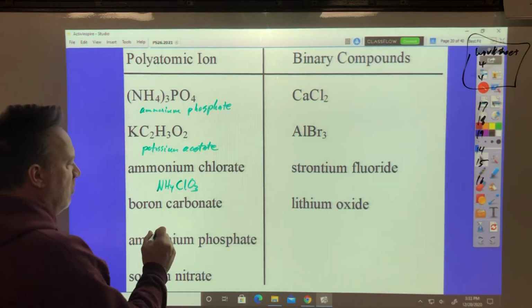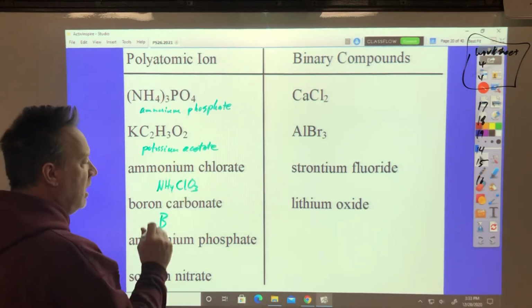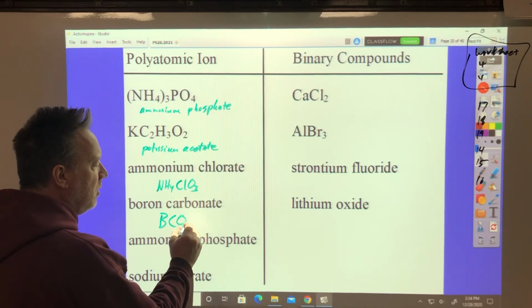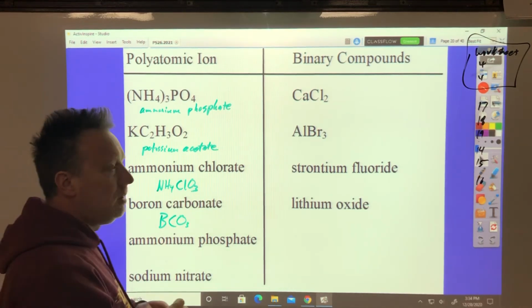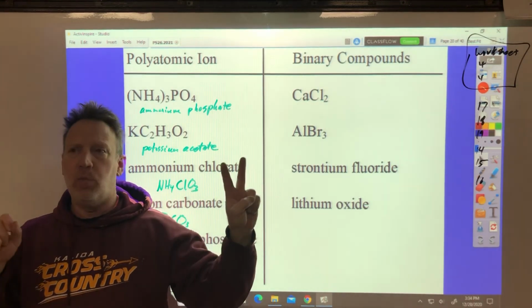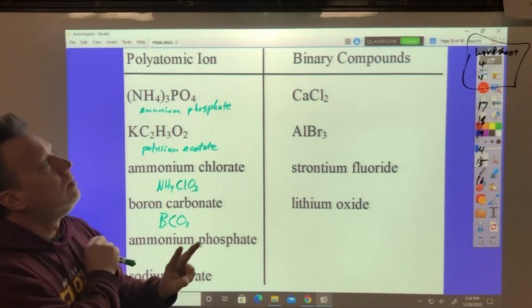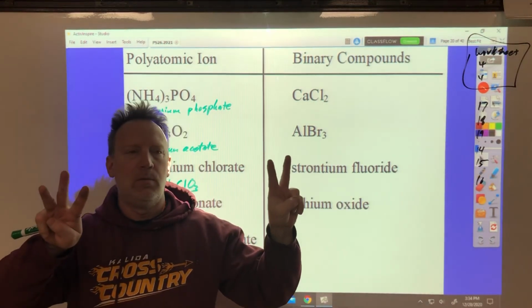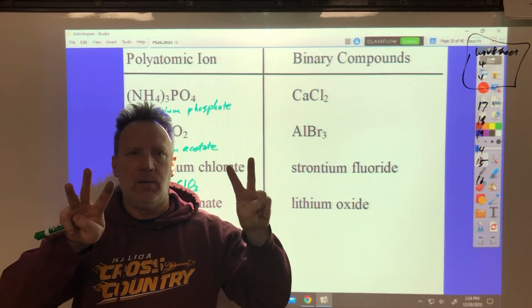Boron carbonate. Boron's B from the periodic table. Carbonate from the polyatomic ions is CO3 2 minus. Carbonate takes 2 valence electrons. Boron donates 3 valence electrons. This is not a match. How do you make it a match?